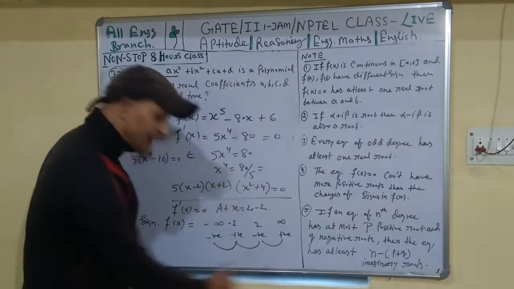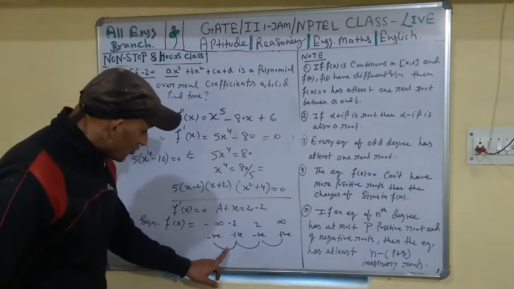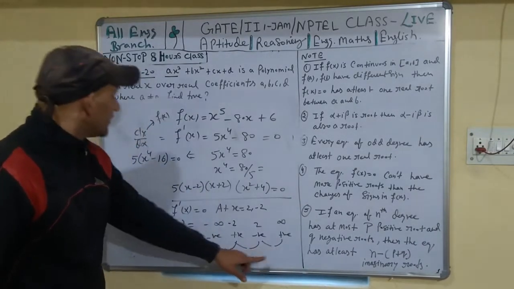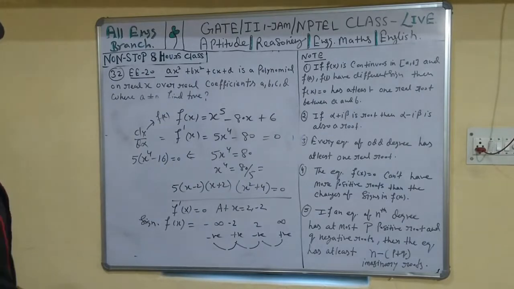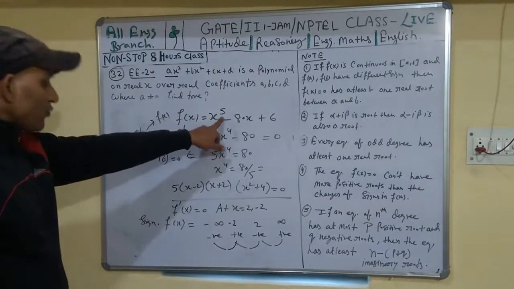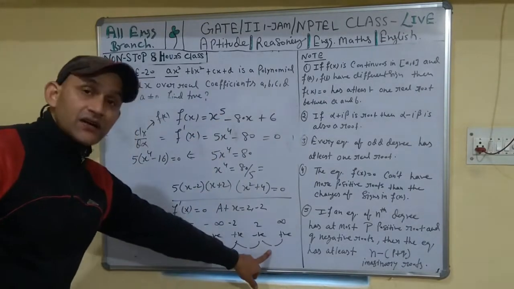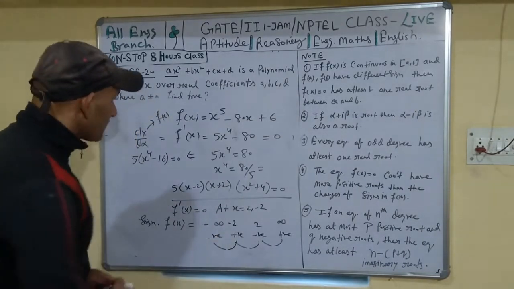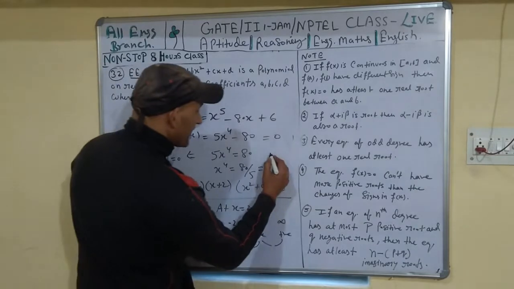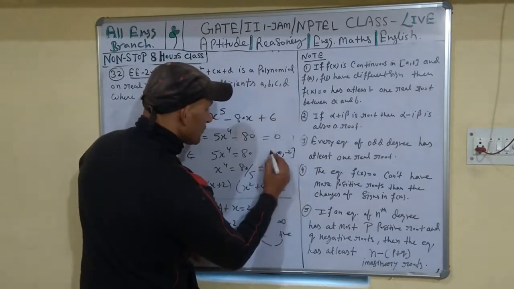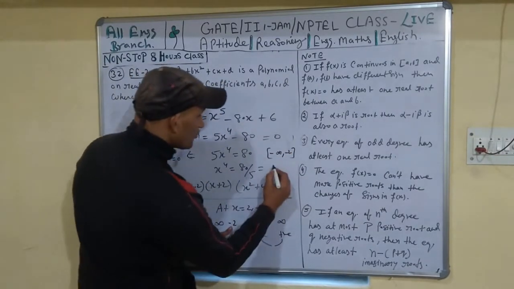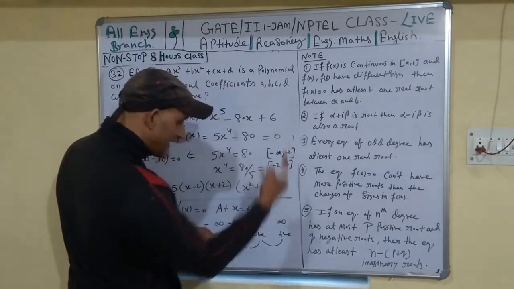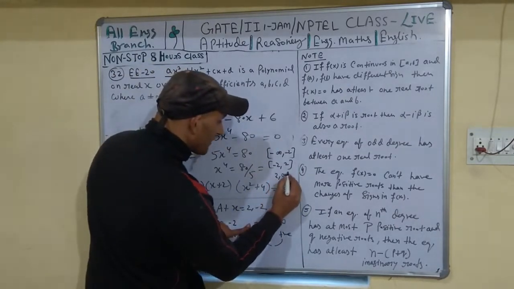Okay. So there is one sign change, one sign change, one sign change. So total 3 sign changes. It means that one root will lie here, one root will lie here, and one root will lie here. So how many roots are there? There are a total of 5 roots and 3 real roots. Exactly 3 real roots will lie in these intervals: minus infinity to minus 2, minus 2 to 2, and 2 to infinity. One root will lie in each.